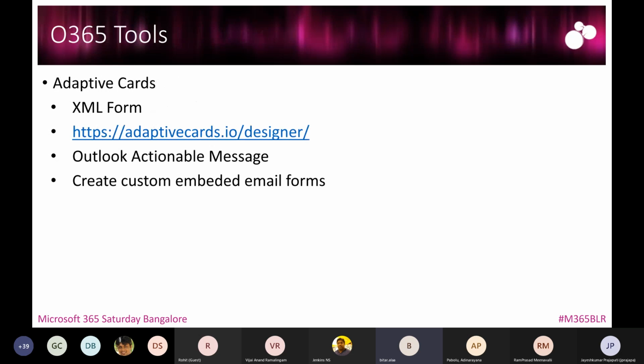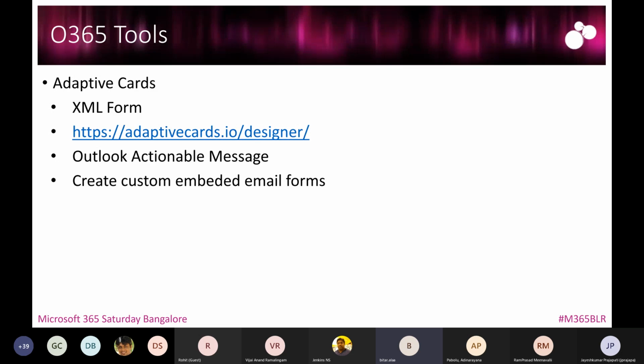So let's have a look now at the different Office 365 tools that we have in order to answer or automate this kind of business task. Adaptive cards. I'm sure everyone here has heard about adaptive cards, maybe used them.